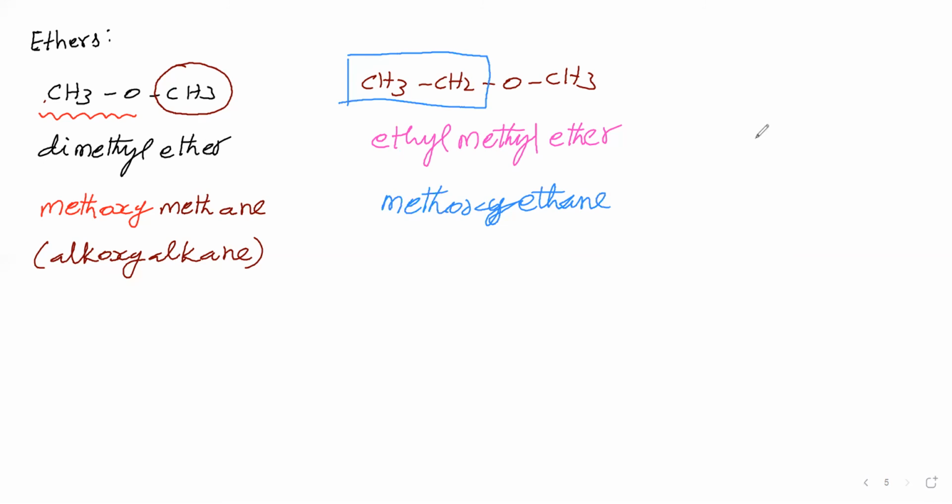Next, we will take C2H5OC2H5. Now, for this the common name: this is ethyl, and this is ethyl, therefore we can say diethyl.